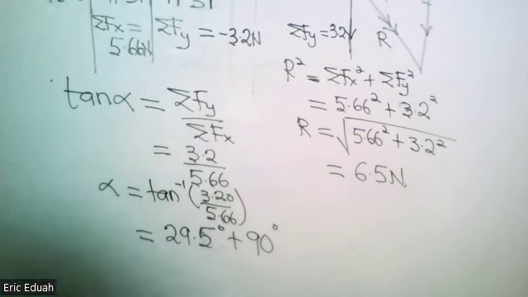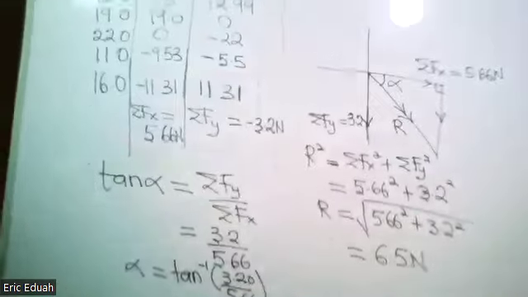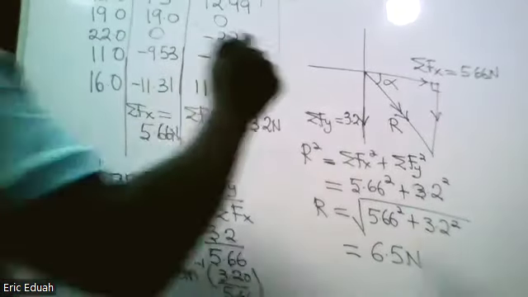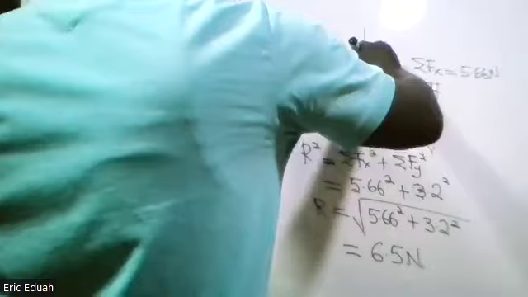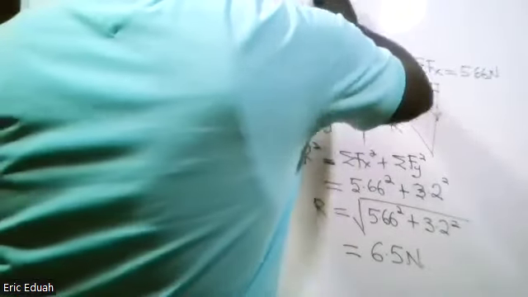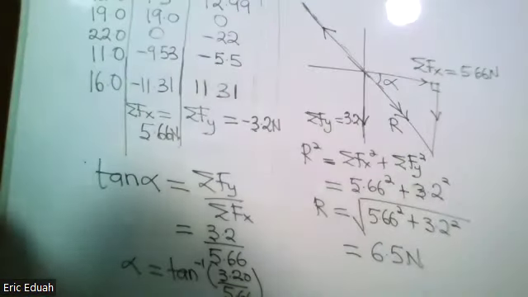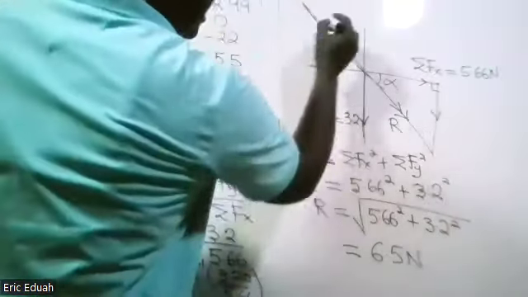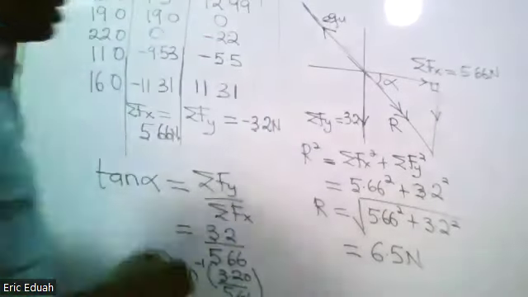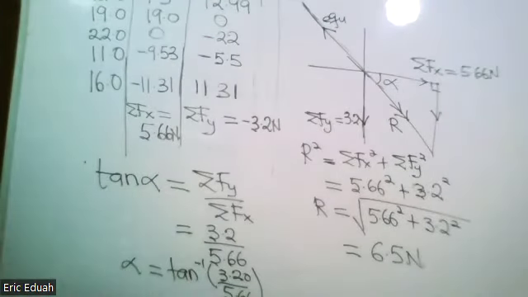Now, if there is a question on equilibrant, equilibrant has the same magnitude as the resultant, but its direction is opposite. So I want you to help me determine the direction of the equilibrant. The equilibrant must act oppositely like this. So if the resultant is acting downwards, equilibrant must act in the opposite. So what do you think will be the direction of the equilibrant?